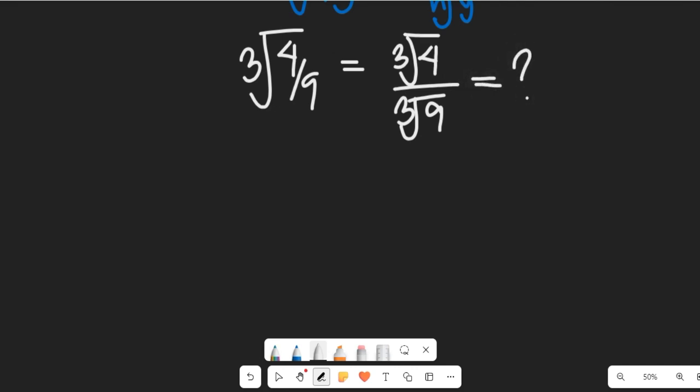Now, I want you to recall some logic we are going to apply in solving this question. If I want to solve this question, I want to analyze something.